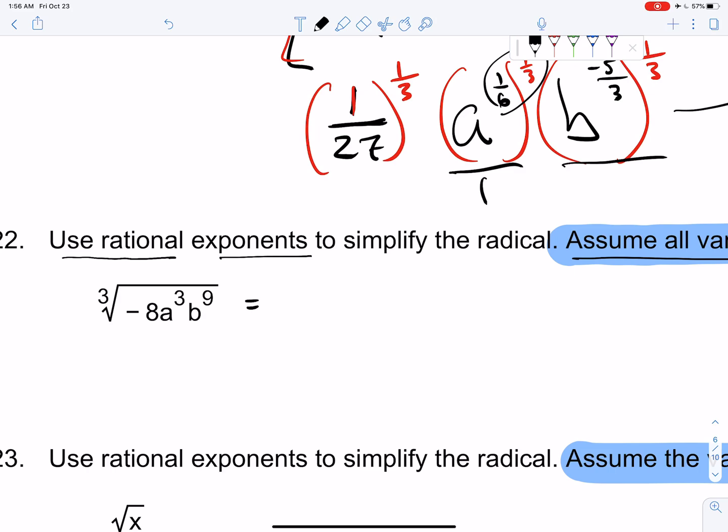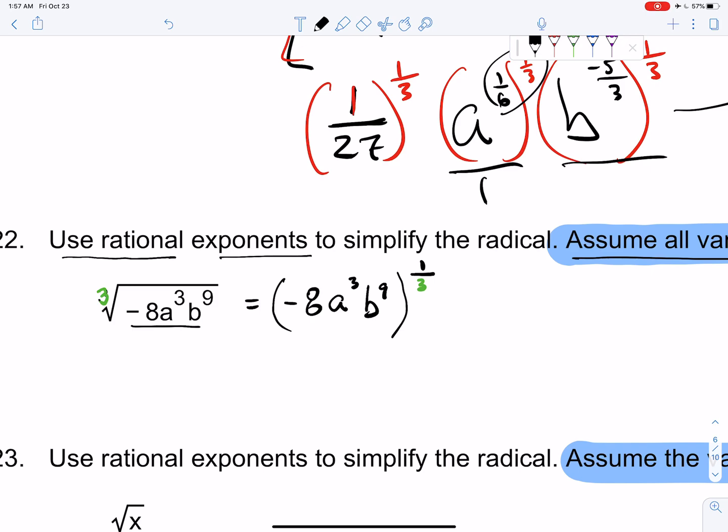That means take the radicand, and that is now your base. Negative 8, a to the third, b to the 9th, and it's all raised to the, remember, the index is your denominator, and the whole thing is raised to the 1/3 power.